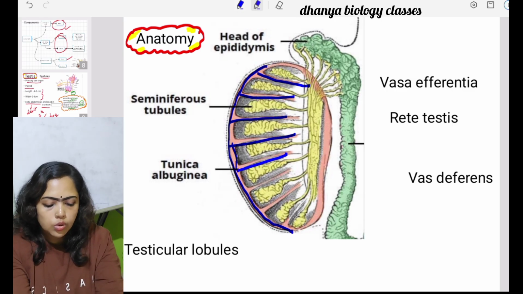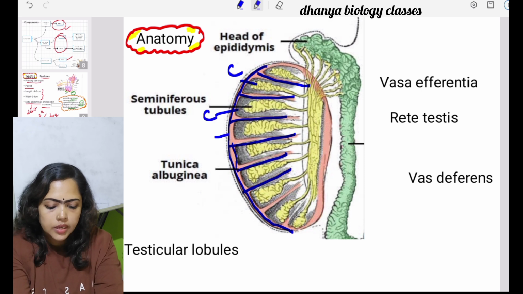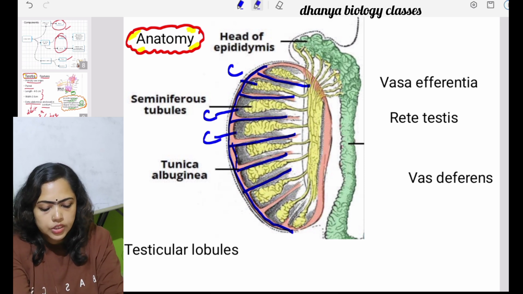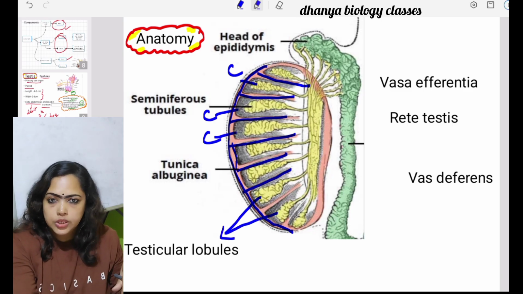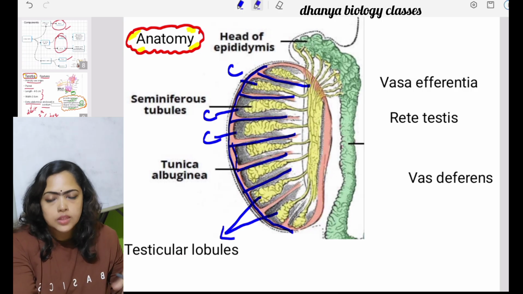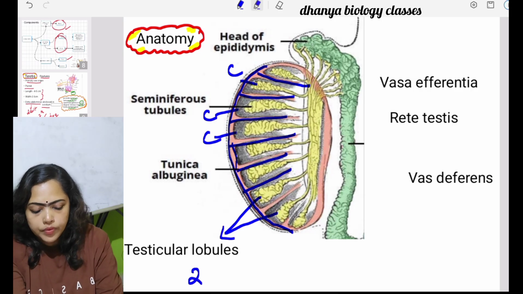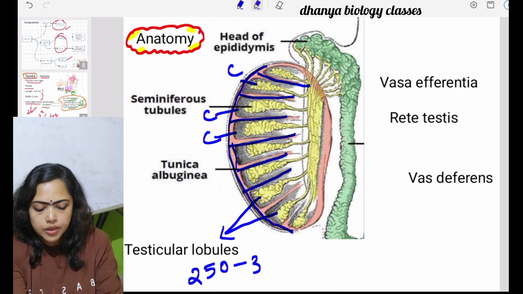Okay, so this is one compartment, this is another compartment, this is another compartment. Okay, and these compartments are called as testicular lobules. Clear? So tunica albuginea extends inward to divide the testis into different compartments. These compartments are called as testicular lobules, and their number is important, which is about 250 to 300 in number.